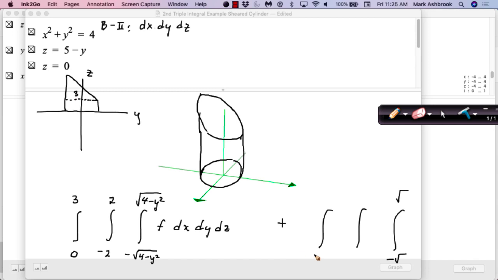When z goes from 3 to 7, this is 3, 5, and 7 up here, the right side is 5 minus z.